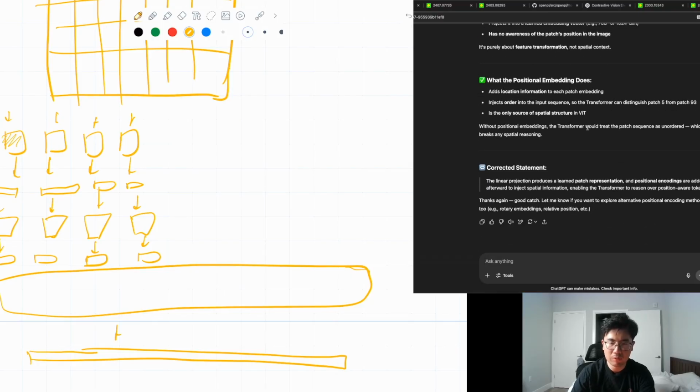I guess patch-wise. Positional encoding helps the model understand the relative ordering of the patches. However, within a patch, how is the spatial relationship learned?